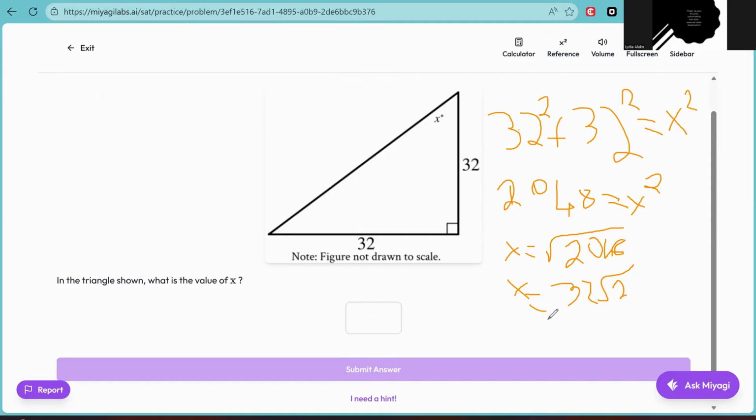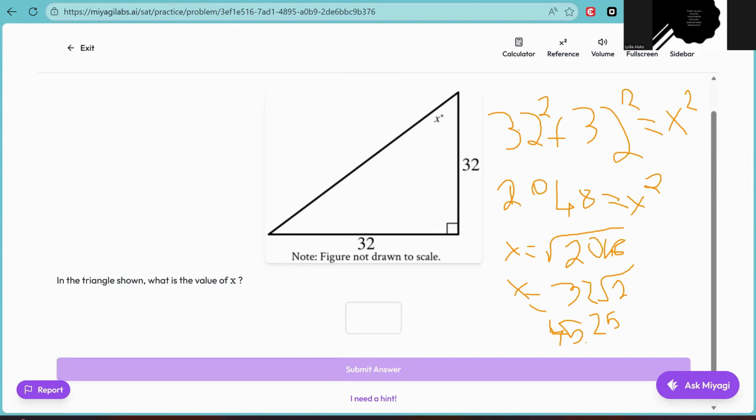And the decimal value for that is approximately around 45.25. I don't know by heart. I remember solving this a little bit later in the day, but it's around 45.25. So we're gonna try it out.